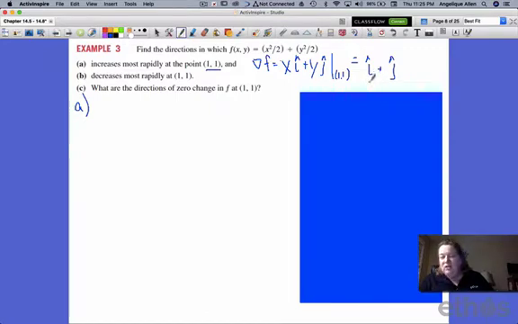And if we're talking direction only, we want to give it as a unit vector. So the magnitude of the gradient is going to be the square root of 1 squared plus 1 squared. It's going to be the square root of 2.